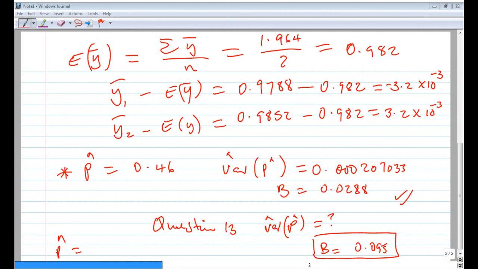The estimated population proportion is 0.18. I calculated it, and I think I got it as well. So this one I got here. It's 0.18.